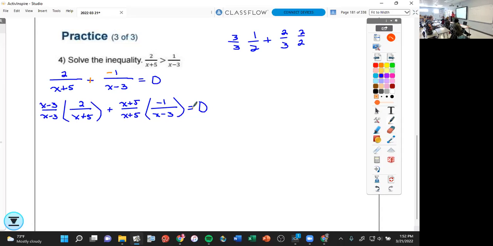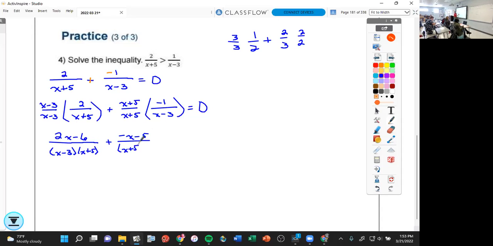Okay. Now, what's this top part here? 2x minus 6. So I have 2x minus 6 over x minus 3 times x plus 5, plus negative x minus 5 over x minus 3 times x plus 5.